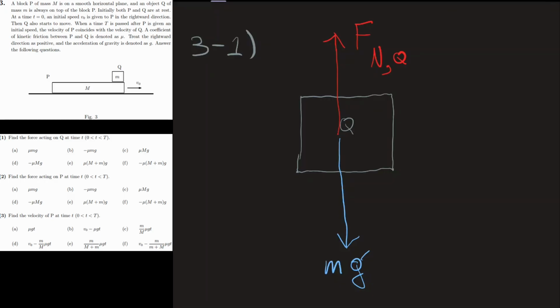Now, intuitively, you can probably guess that when block P starts moving to the right, block Q will start moving to the right as well. So the force of friction on block Q points to the right. Also note that the question says there is a time big T where the velocities of the two blocks are the same. Now, block P, which is given an initial velocity to the right, clearly will not start moving to the left.